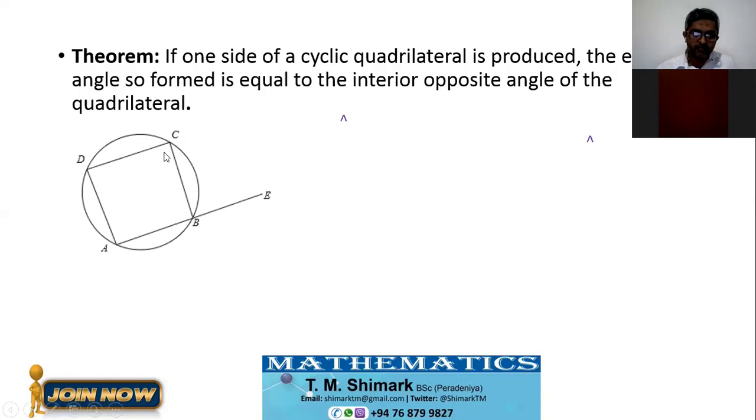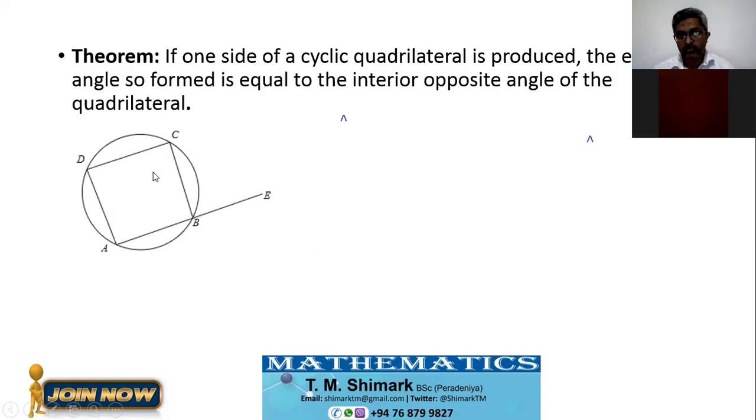We have A, B, C, D. We are also reminded that for a quadrilateral to be cyclic, all the vertices, A, B, C, D, have to be on the circle. It cannot be out of the circle. If you take C out of the circle or inside the circle, we don't accept it to be a cyclic quadrilateral.